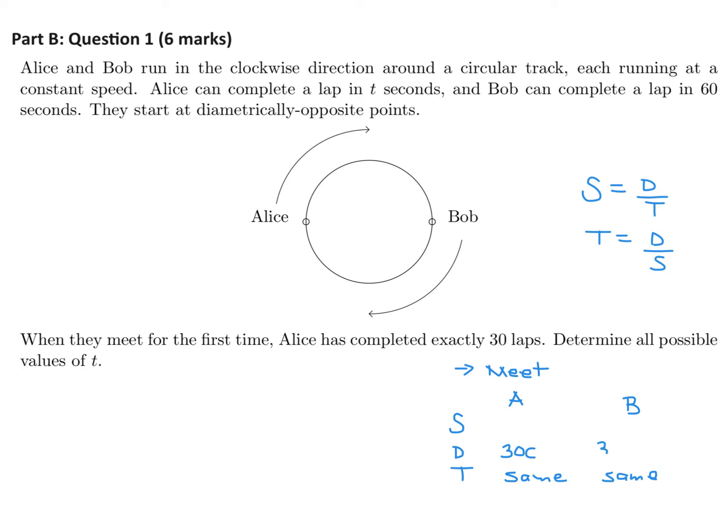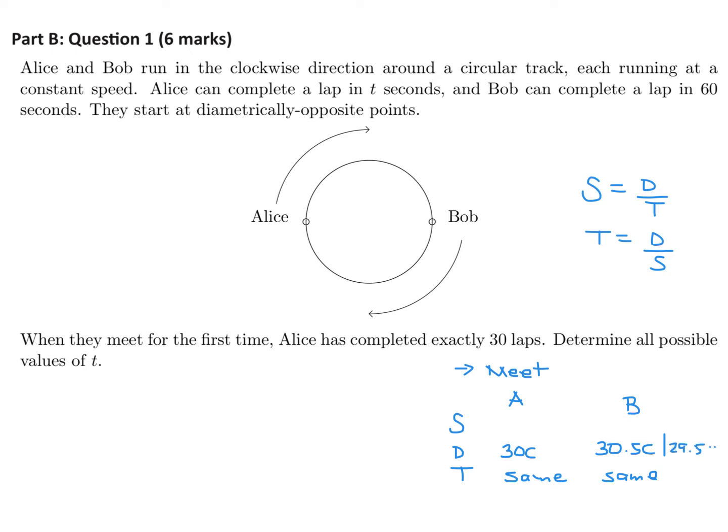So he would be 30.5c. However, if Alice is faster than Bob, then Alice travels half a lap more than Bob, and therefore Bob travels half a lap less. So that means Bob would be 29.5c.